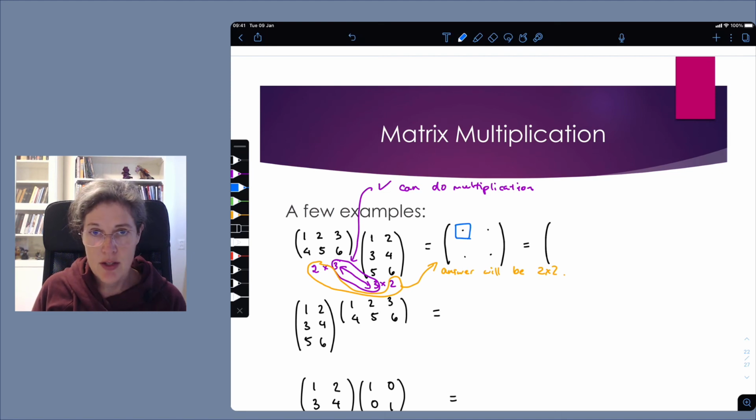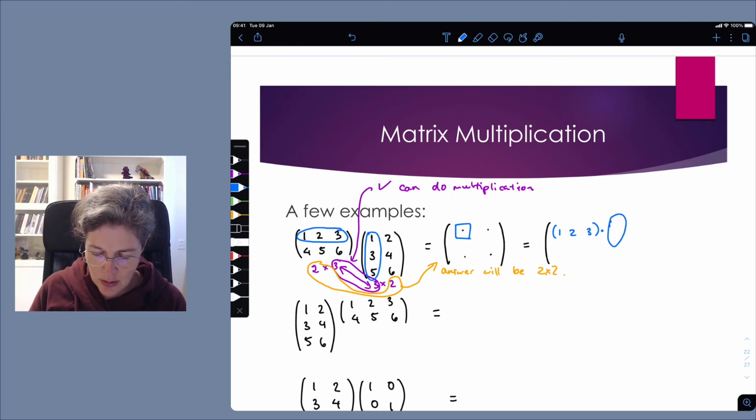So that is our entry which says take the first row of our first matrix and dot it with the first column of our second matrix.